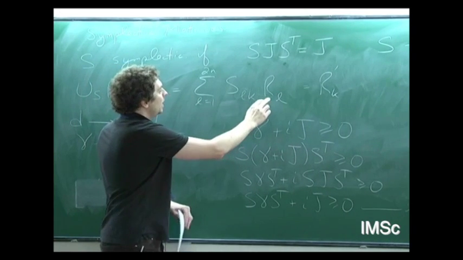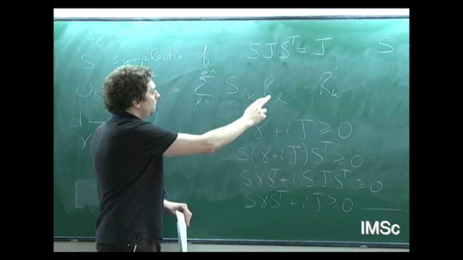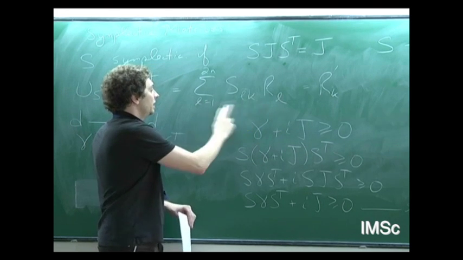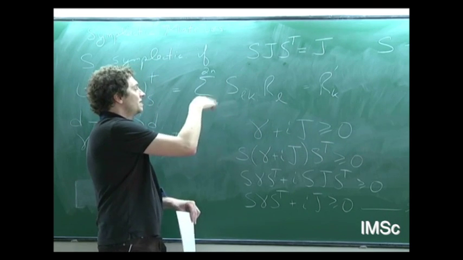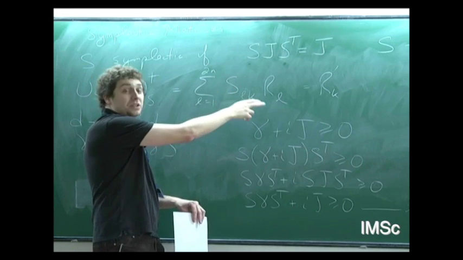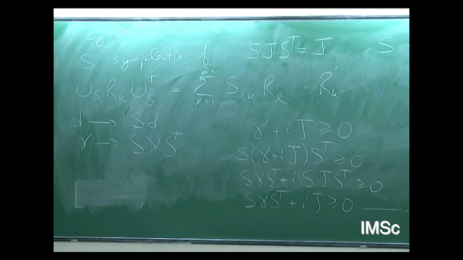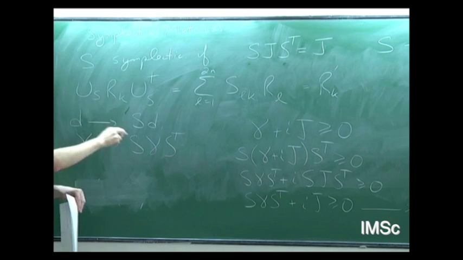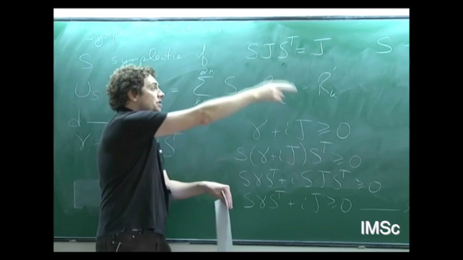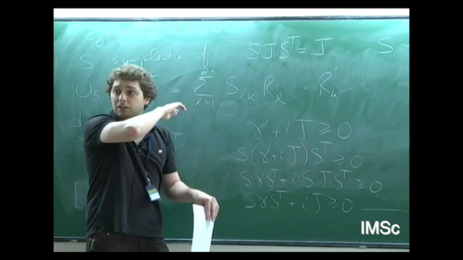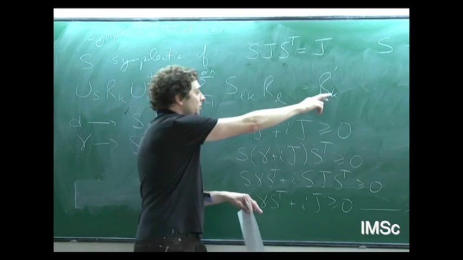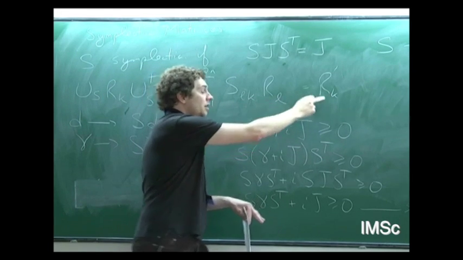So these R sub k primes are just given by what happens when you sum up these original canonical variables using this symplectic matrix. This is the kind of operation that's going to happen on the level of just the observables, this mapping from R to R prime.